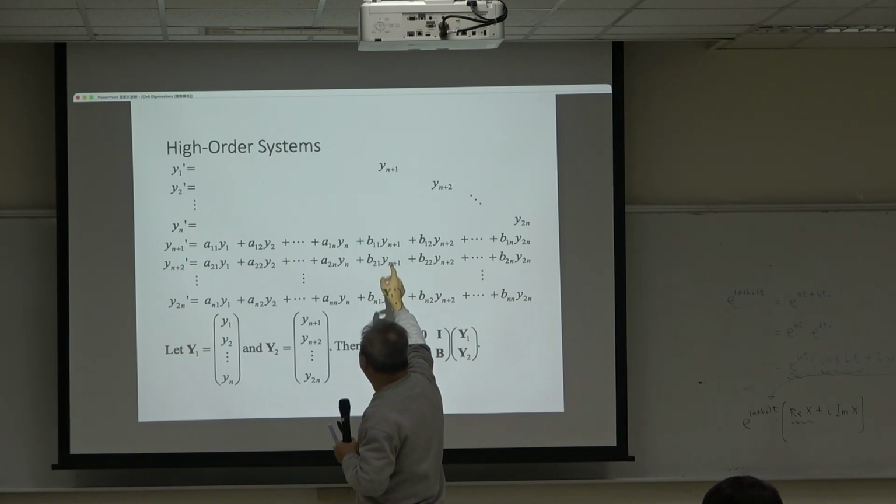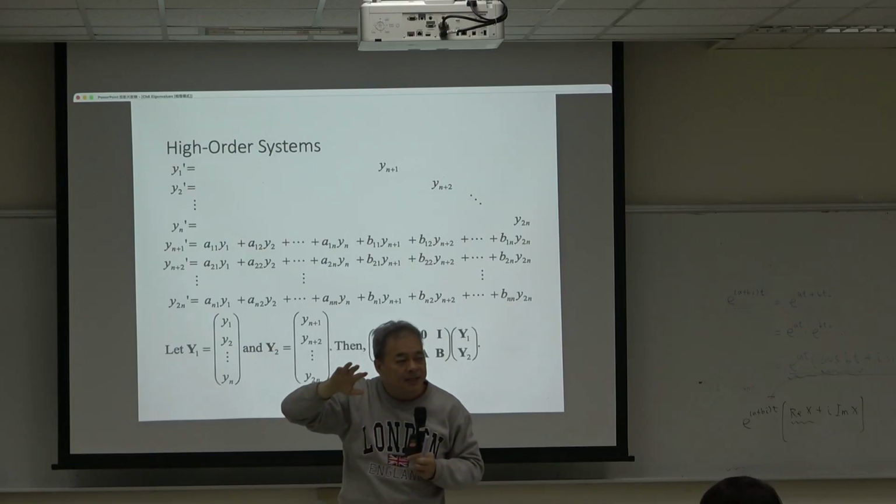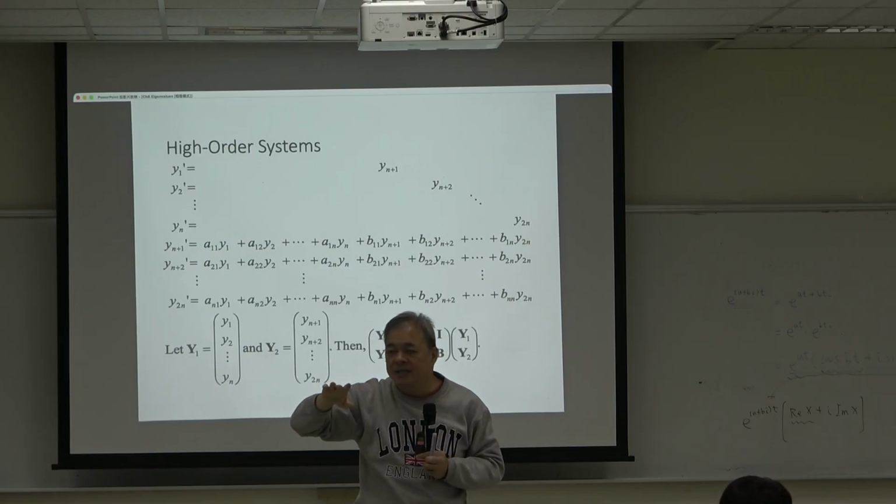So y_{n+1} prime is y1 double prime, right?